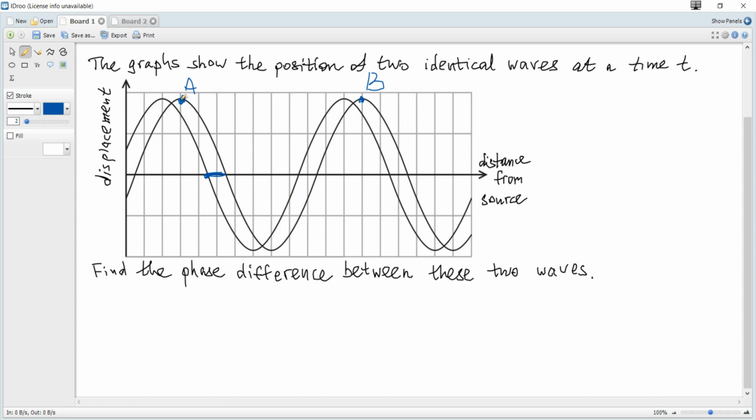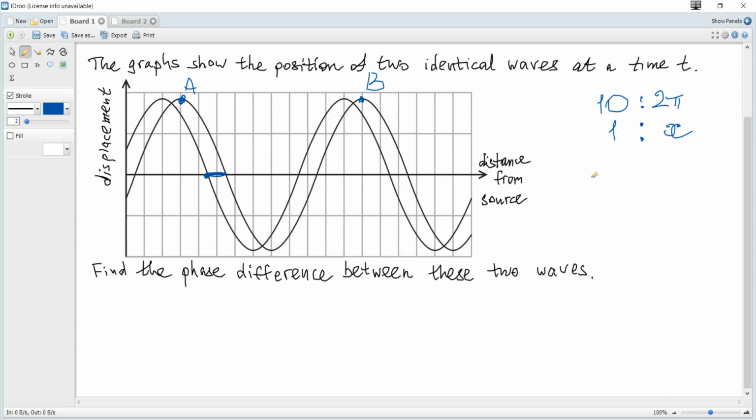So we can see the distance from A to B is 10 units. Hence, we can make a proportion that 10 units corresponds to 2 pi or 360 in degrees. And our shift, we can see that it's just 1 unit, hence 1 unit corresponds to an unknown value.